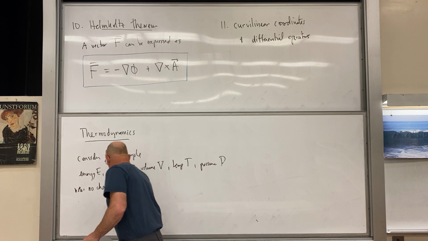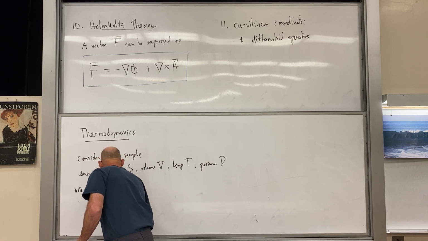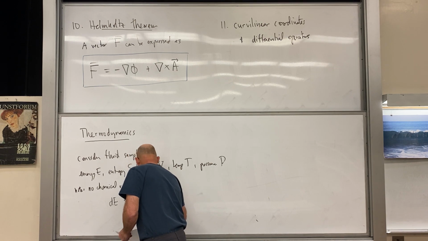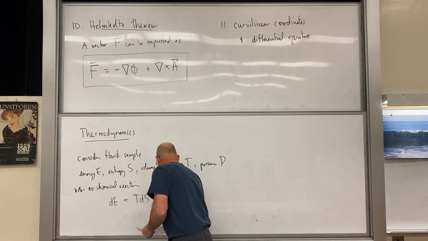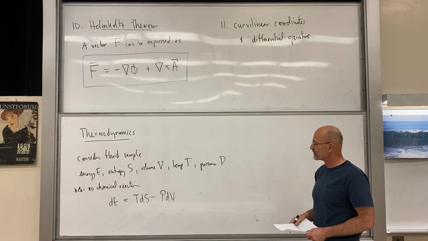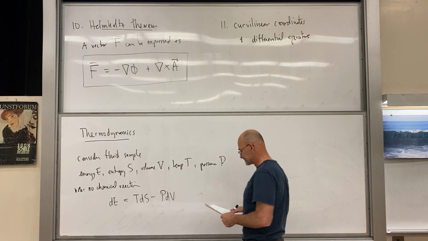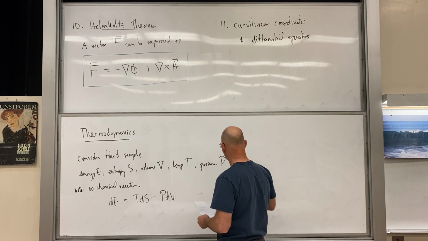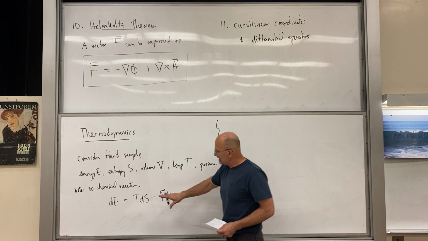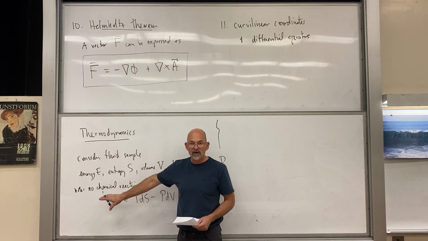So then we would have our fundamental relation here, T dS minus P dV, okay, for the energy. Next, though, we're going to go to density, so we'll divide by volume on these things.